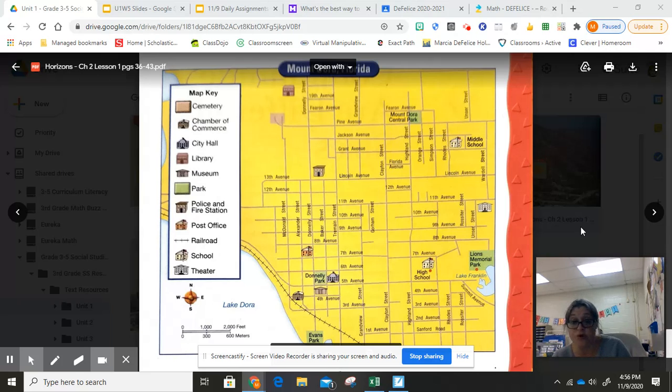If you need any help, you can reach out to your parents and ask them for help. If you're really stuck, I can try to help you the next time that you're in class with me. But remember everything that you need to look for. Look for those symbols, the distance scale, the compass rose, the map title, and use all of those skills to see if you can answer questions 1 through 5 for me.